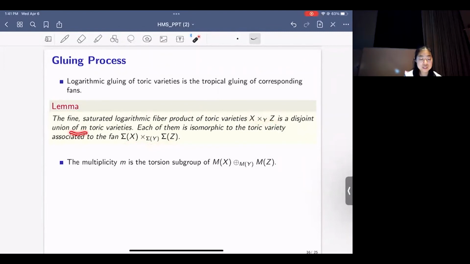And this multiplicity comes from the torsion part of the fiber sum of the duals of the associated groups, and this multiplicity can be computed using a lattice index.